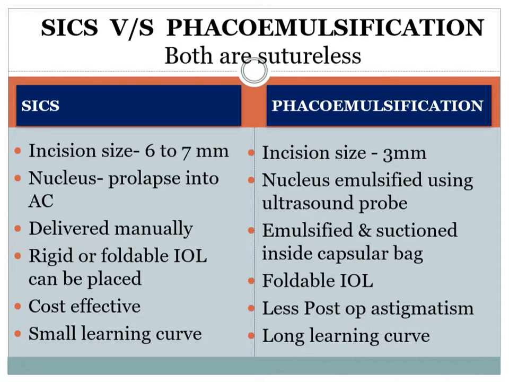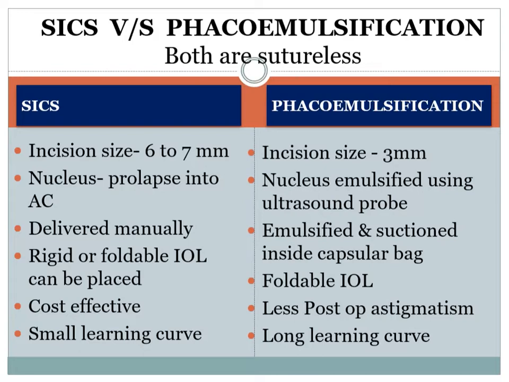Within the bag only, you're trying to manipulate using the ultrasound probe. Okay, so the phaco machine has a source of ultrasound energy, and using this ultrasound energy, the entire nucleus is emulsified, that means liquefied and sucked into the instrument. Okay, and that's how your nucleus is tackled. So that's another very, very important difference between phaco and your small incision.